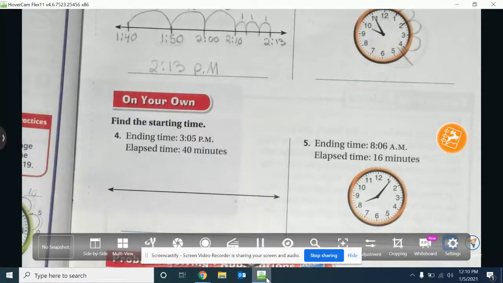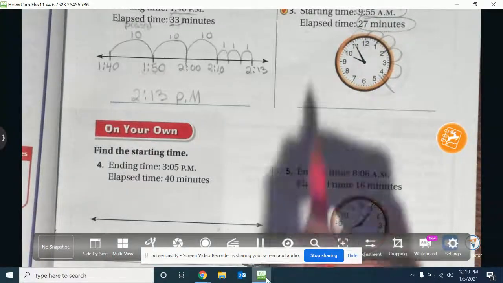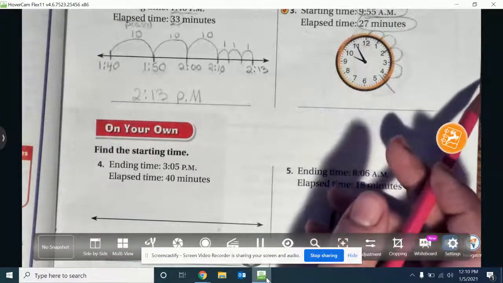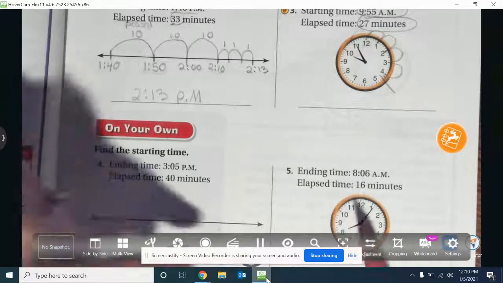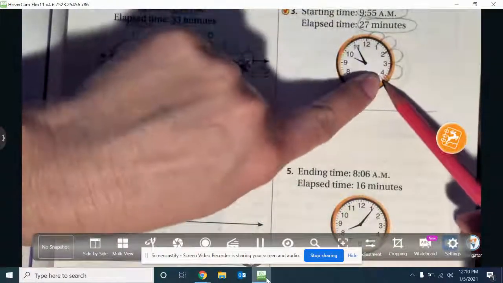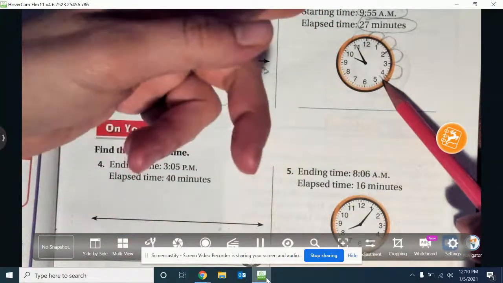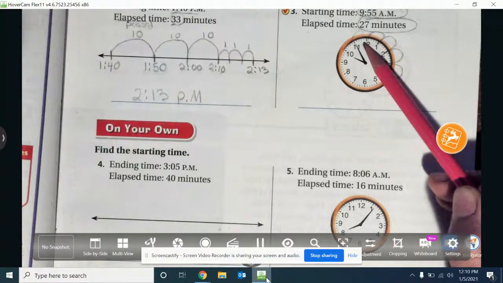So now we can go back and see what time it would be if 27 minutes go by. So now we have to count again, but looking at the clock. So if 27 minutes go by and the minute hand moves all the way here and stops here, what time is it? It would now be 10, but how many minutes?